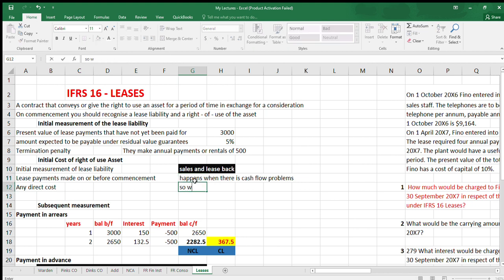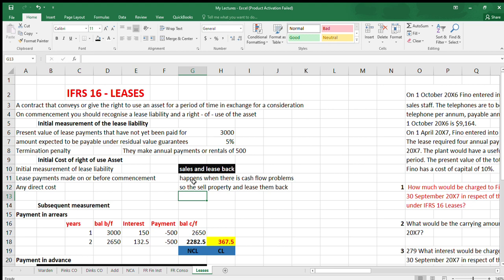So what they do, they sell their property and lease them back.